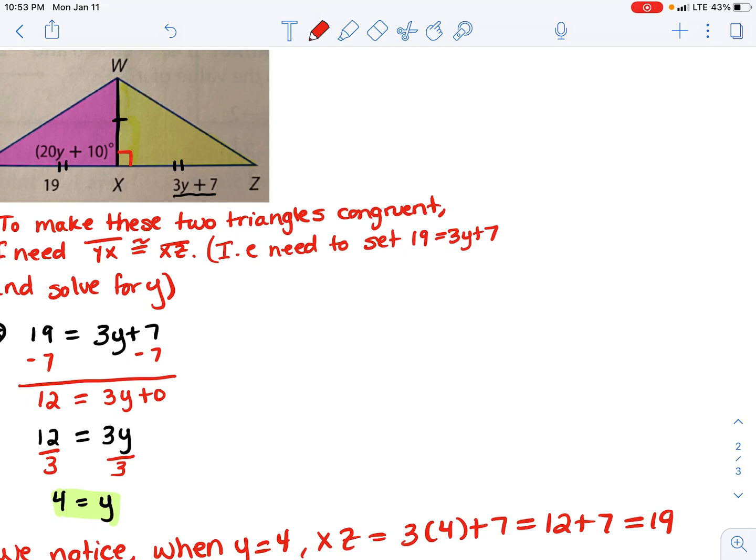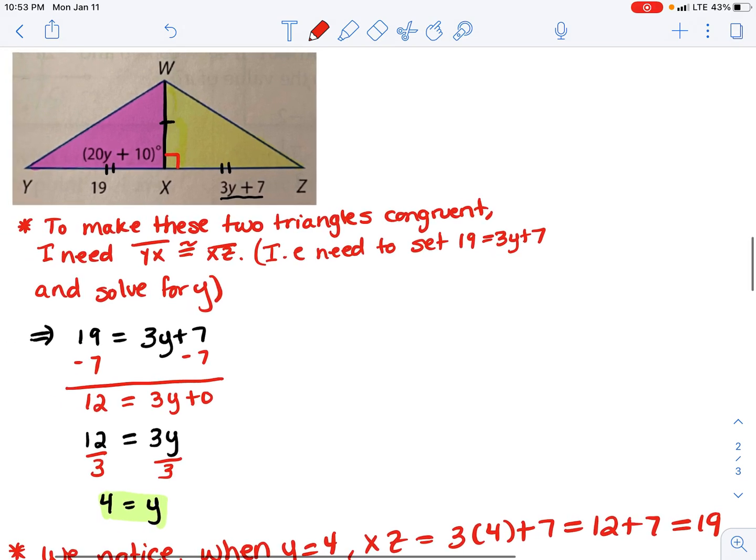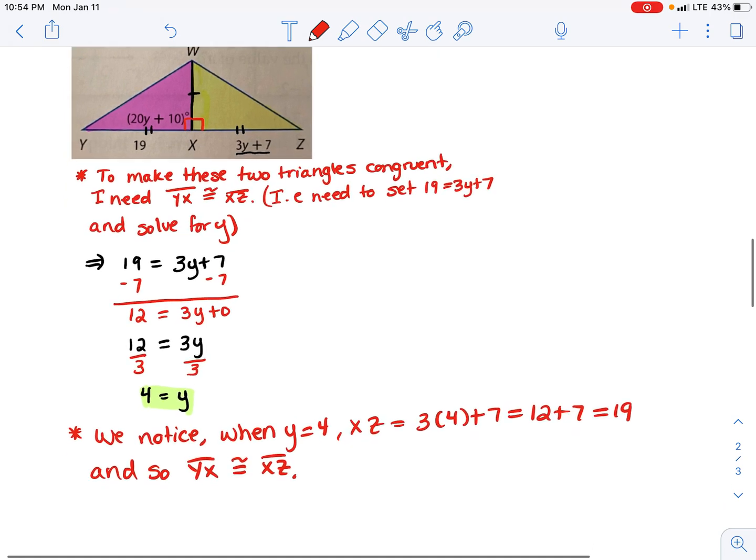If I want to use SAS to say that these two triangles are congruent, then I need angle WXY to also be 90 degrees. In other words, I need this angle measurement, represented by the expression 20y plus 10, to be equal to 90 degrees. Coincidentally, we already found what y was. We said that y was equal to 4. I just need to check and make sure that when I plug in 4 into that expression, I get 90.